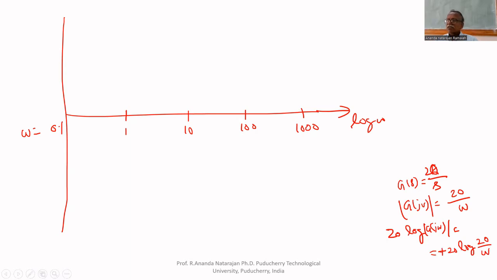Substitute 0.1 for omega and find the value. 20 log 20 by omega gives 46.0.